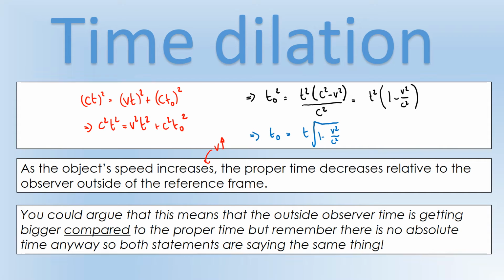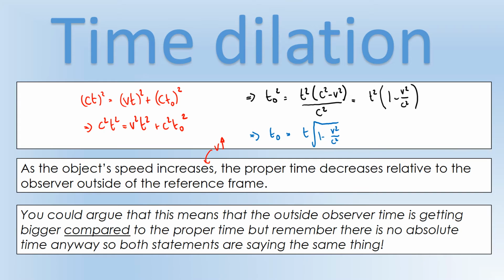So 1 minus a number that's getting bigger is going to be getting smaller. So the square root, as v gets bigger, gets smaller. So therefore t gets multiplied by a smaller and smaller number that is definitely less than 1, and therefore t0 is less than t and becomes increasingly less than t the bigger v is.